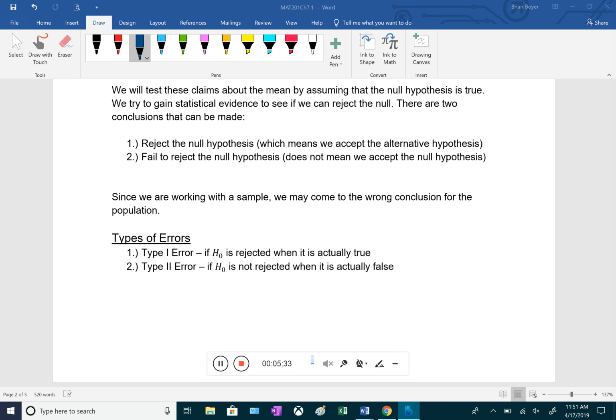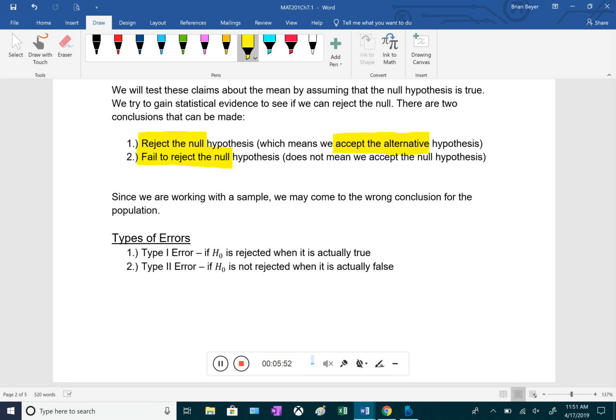So with that being said, there are two conclusions that can be made for these problems. Either we can reject the null hypothesis, or we fail to reject the null. If we reject the null hypothesis, that means we would be accepting the alternative.